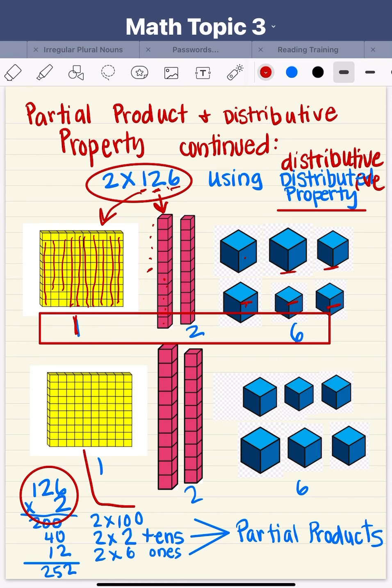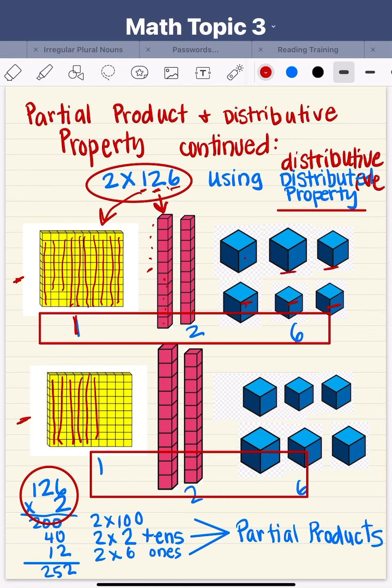Now down here we have 126 again. This is a partial product. Let me show you. We have the same exact thing here as we do here. We have 10, 20, 30, 40, 50, 60, 70, 80, 90, 100.